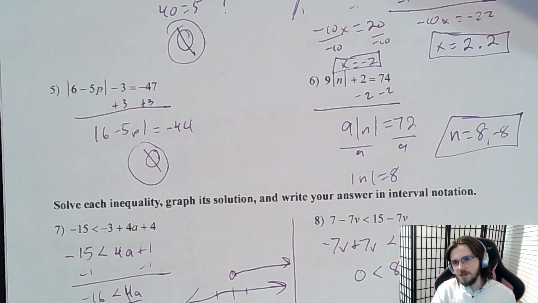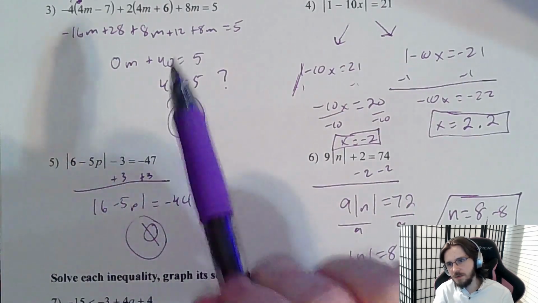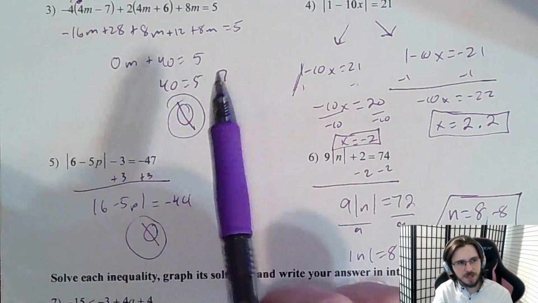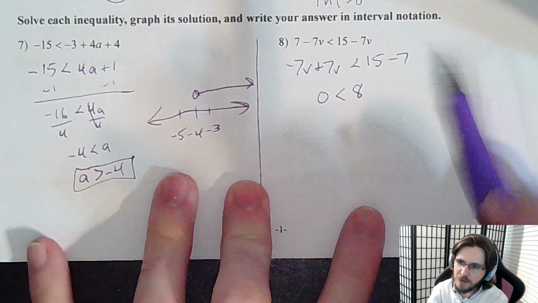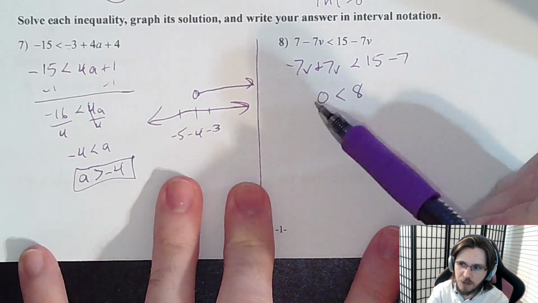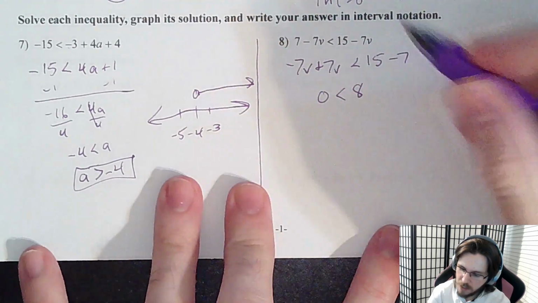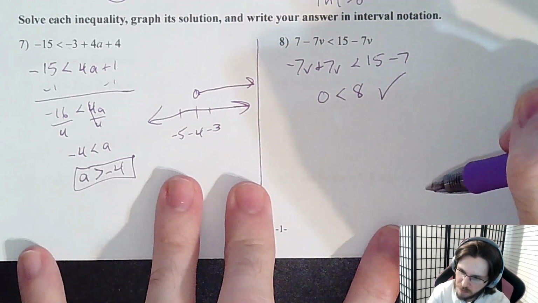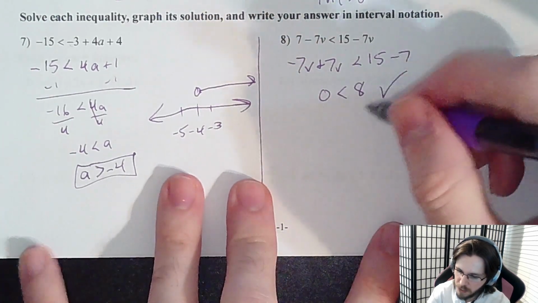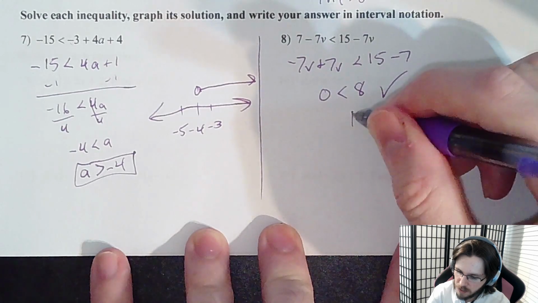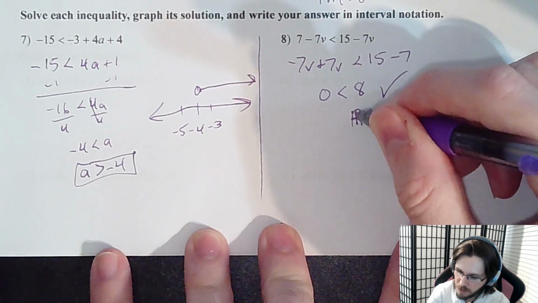So unlike problem number 3 up here, where we had a false statement, 40 is not equal to 5, on this problem, we have ended up with a true statement. 0 is less than 8. Because that is a true statement, the correct answer to this problem is all real numbers.